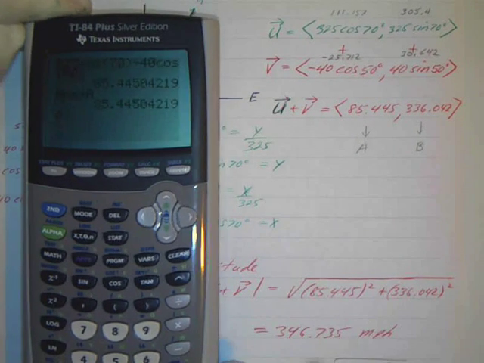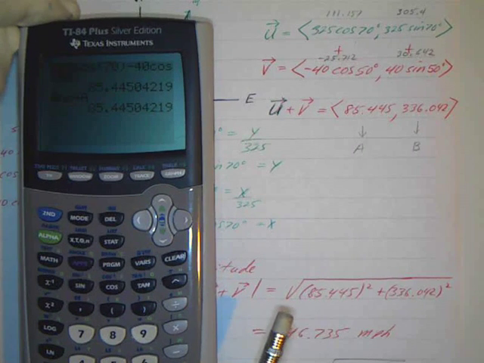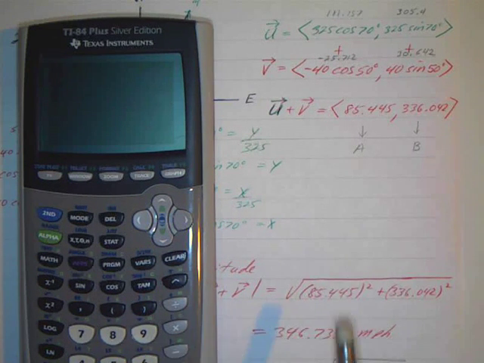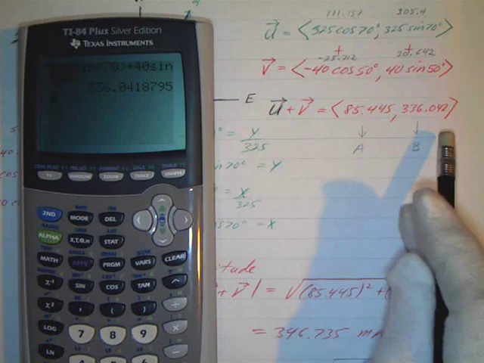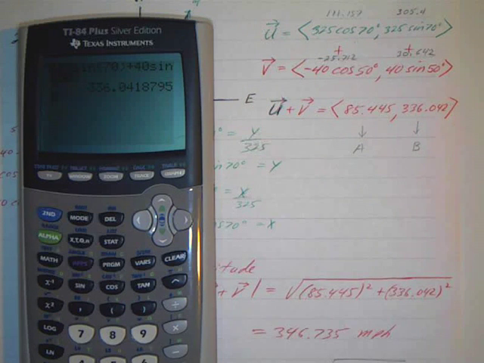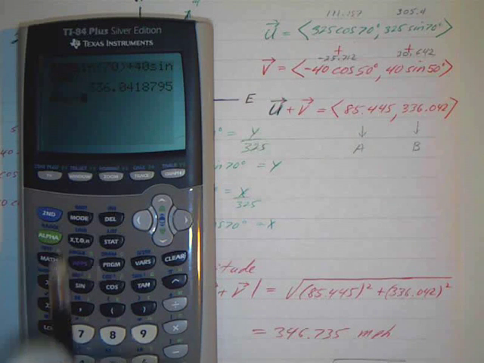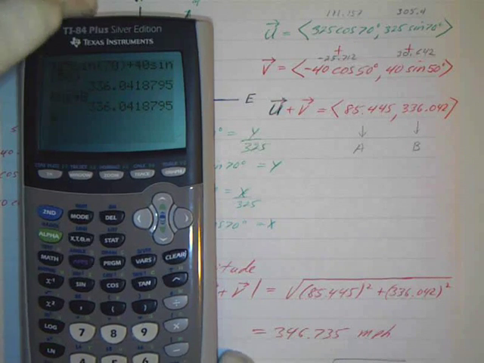And then that's going to go in A. And then I'll do the vertical component, so it's going to be 325 sine 70 plus 40 sine 50, and I get 336.042, and that's going to be the vertical component of my two vectors added up, and I'll store that alpha B. Okay, so we got those stored.